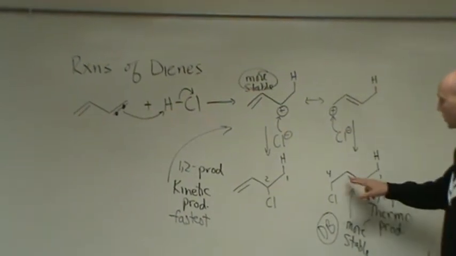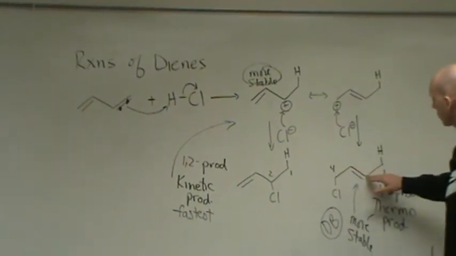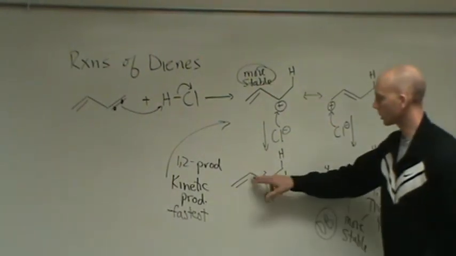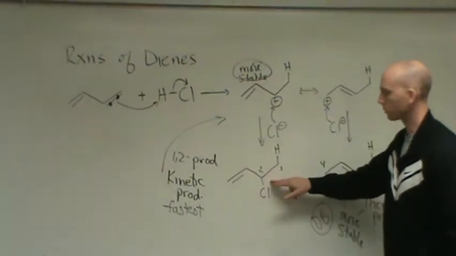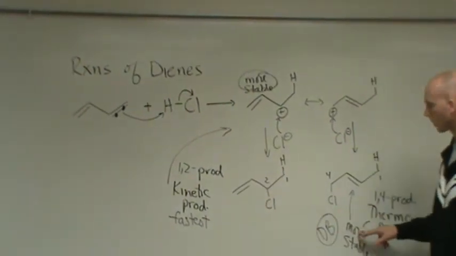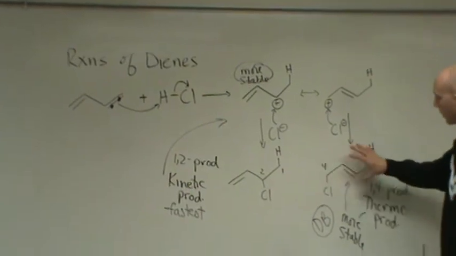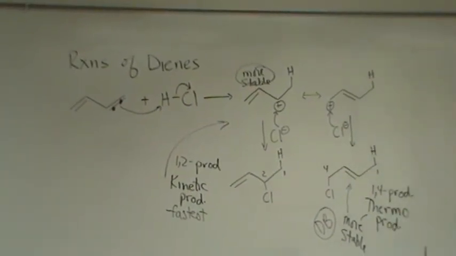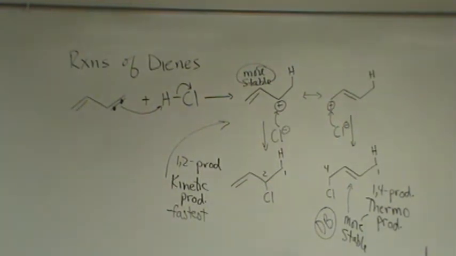This here is a 1,2, a di-substituted double bond. And this one here is a mono-substituted double bond. So this double bond is more stable, and so this product is more stable, and so we term it the thermodynamic product.